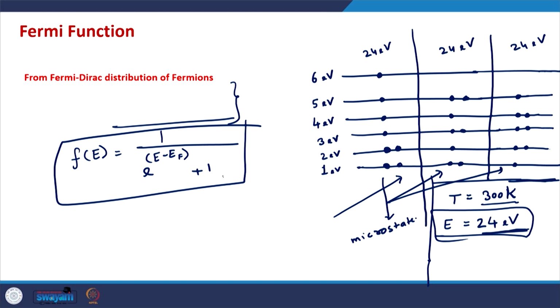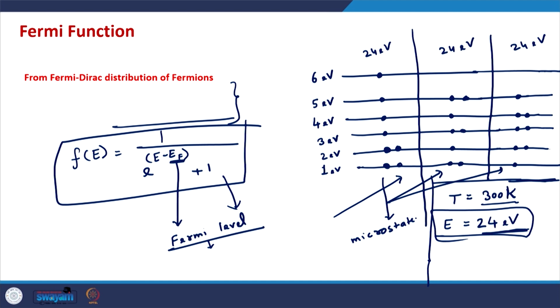So, that is essentially the idea of the Fermi Dirac distribution function. So, here this EF, which seems to be a constant here, this is known as the Fermi level of that system, Fermi level of the material, and this is also known as electrochemical potential.